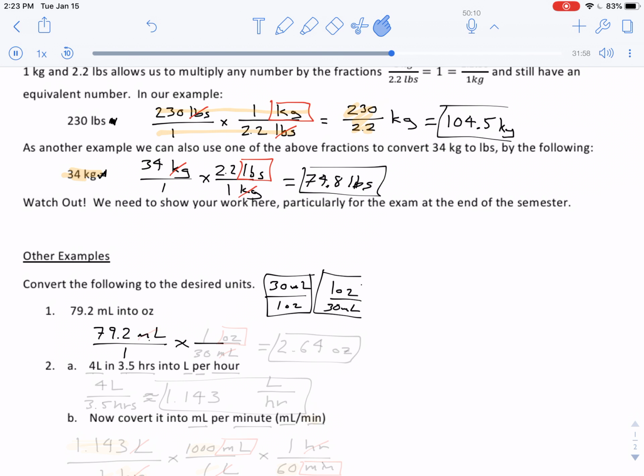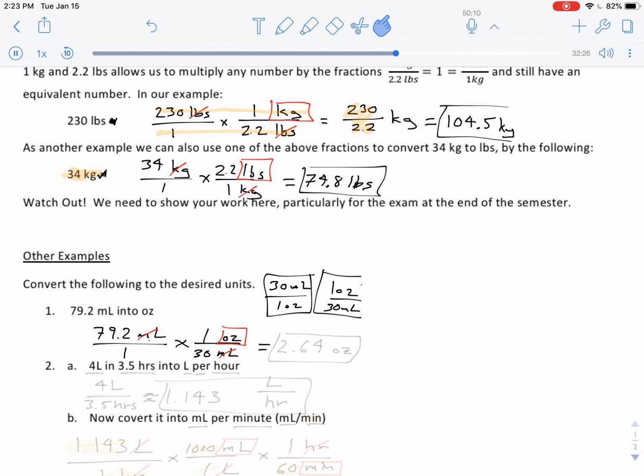So notice the milliliters is on top, and if I want them to cancel, I should have milliliters in the bottom here, and ounces would go on the top. So this is 1 ounce and 30 milliliters. Then milliliters cancel. I'm left with ounces, which is what I want. So what do we end up getting? I'm going to do 79.2 times 1 over 30.